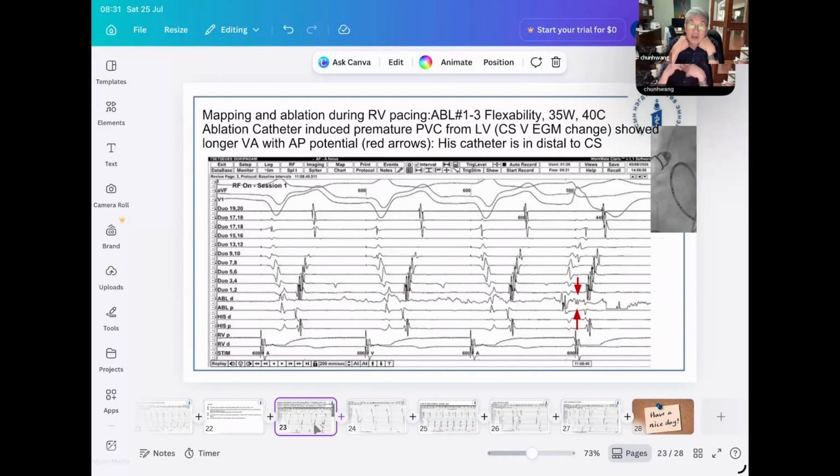So this is your RV pacing and your mapping with the ablation catheter. And then Ananda said that we move the catheter way down to the ventricle. Can you see that? In ablation distal, almost V, almost no A there.